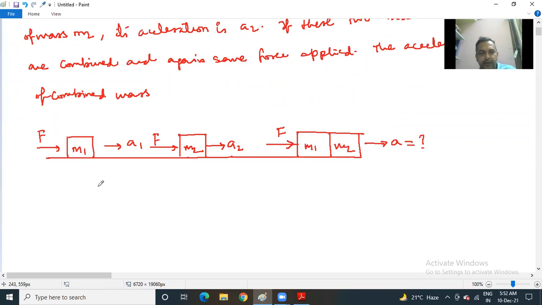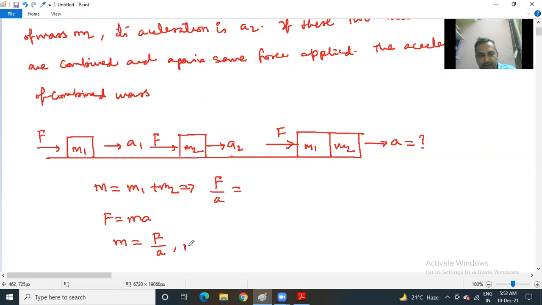So one thing you can write, the total mass m is equal to m1 plus m2. We know that F is equal to ma. Now m can be written as F by a. Keeping this in mind, now m is going to be F by a.